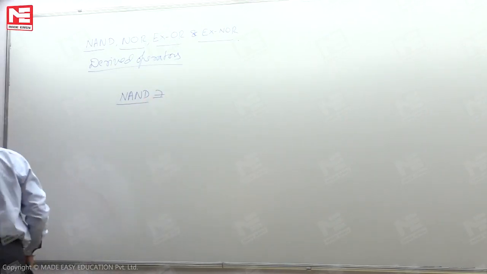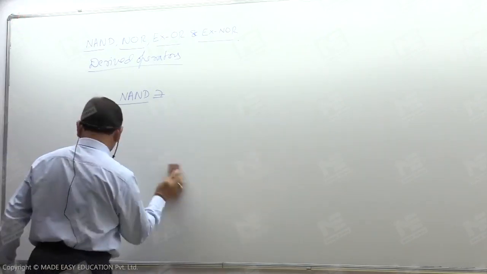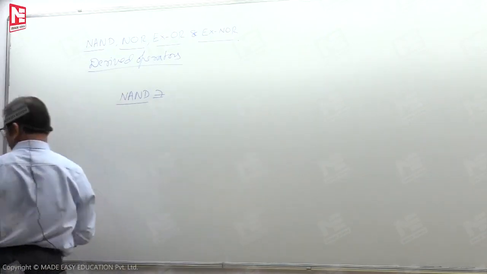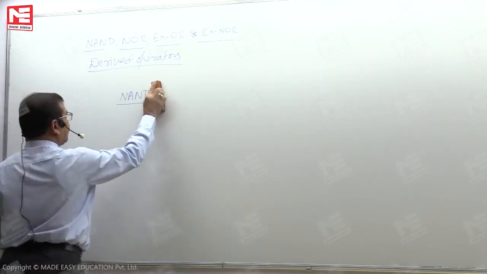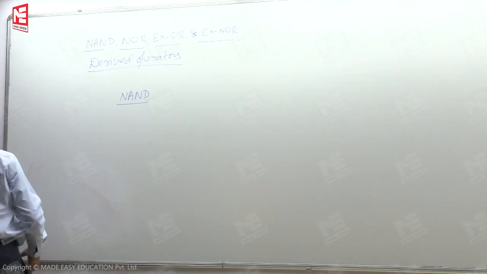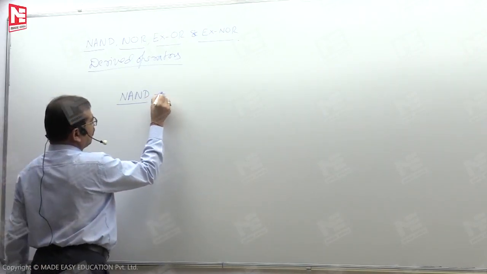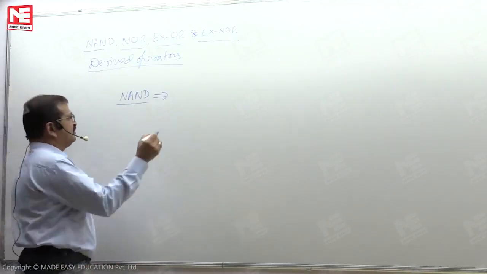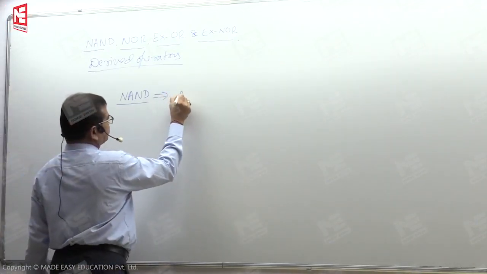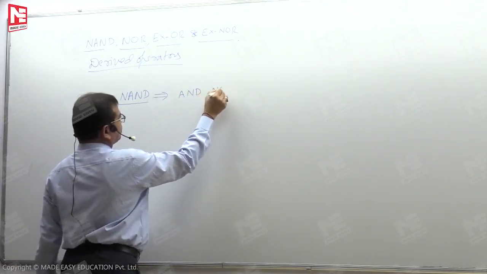NAND operator is basically AND followed by NOT.